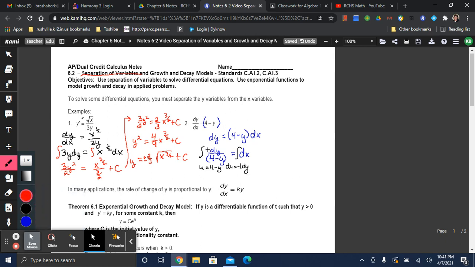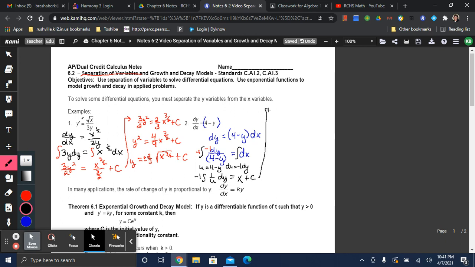So we're going to need a -1 and then a -1 on the outside, so that we have the -1 integral of 1 over u, and then the -1 dy would be the du, equals, and then the integral or the antiderivative of dx is x, and we'll have the plus c on that side.